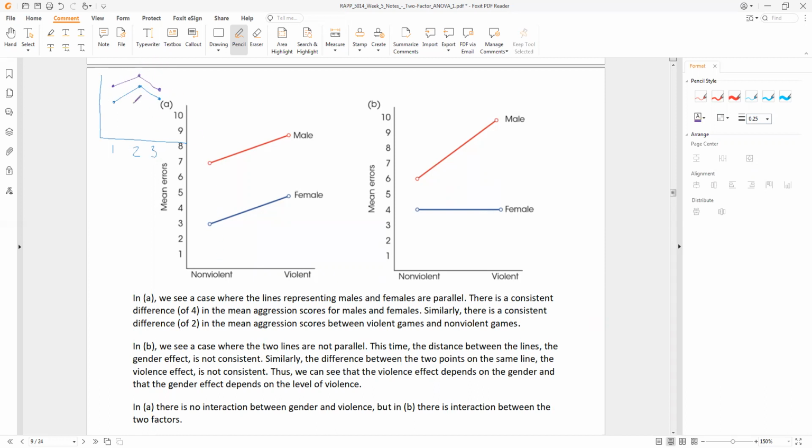This is a no interaction picture, right? Because the men and the women follow the same shape, they're just shifted. Right? This is no interaction.